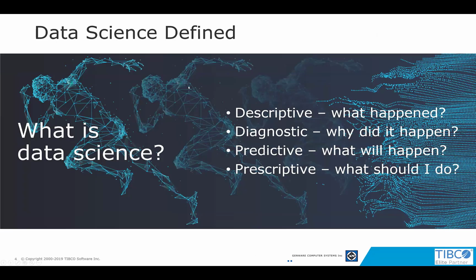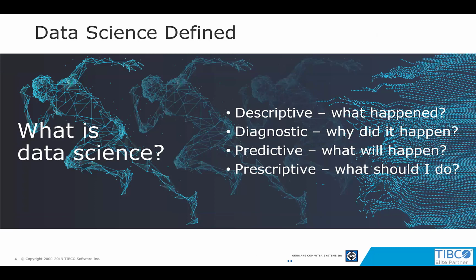So data science defined. What is data science? There are four major components to it. Descriptive: what happened; diagnostic: why did it happen; predictive: what will happen; and then prescriptive: what should I do based on the predictions.